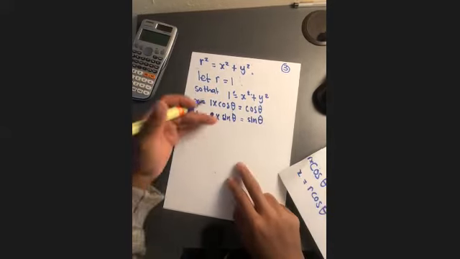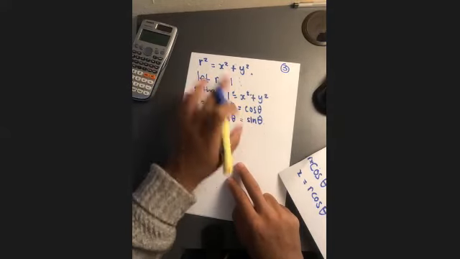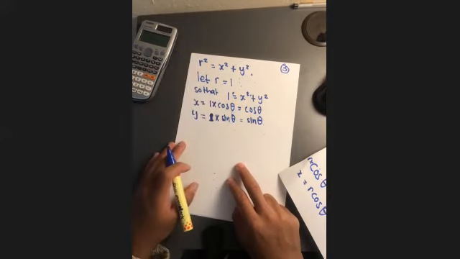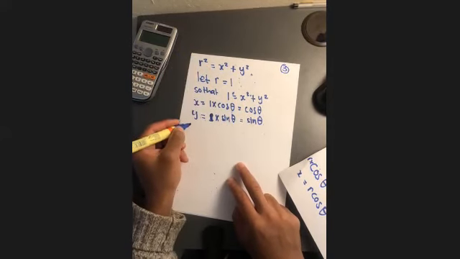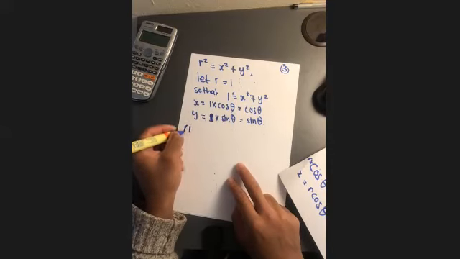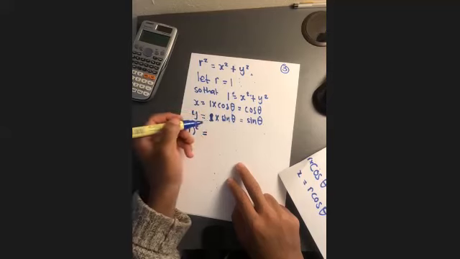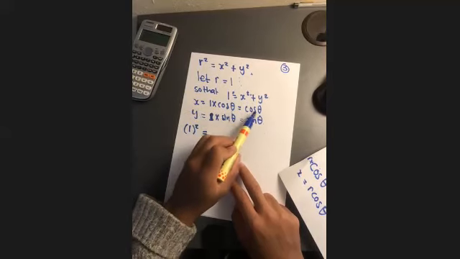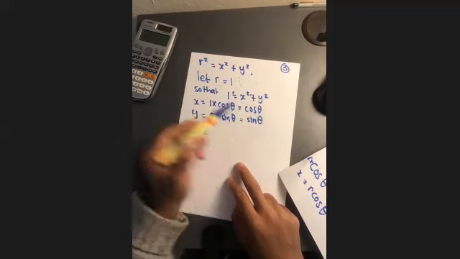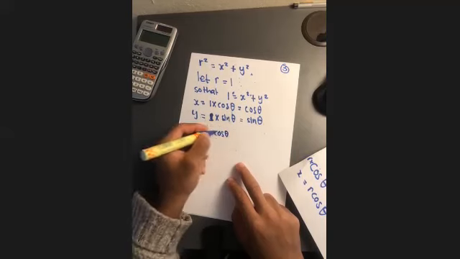So now we want to substitute these facts into our theorem of Pythagoras. So now we know that 1 squared is equal to our x here, which is the cosine of theta.